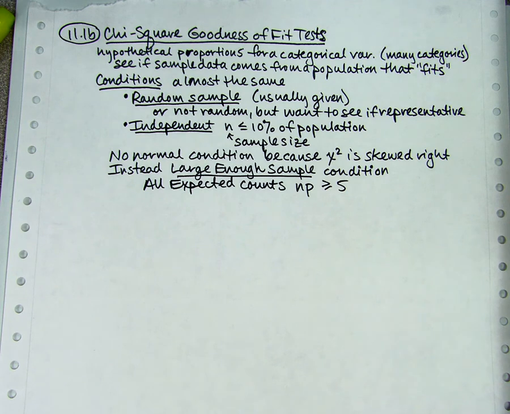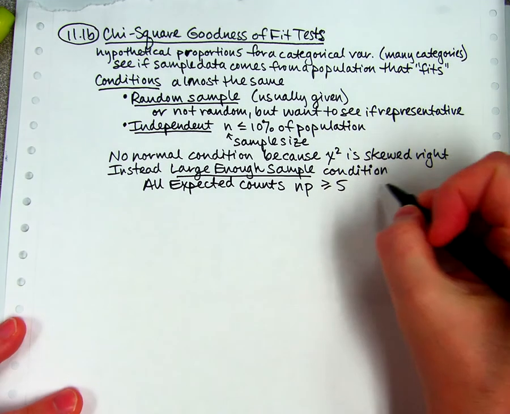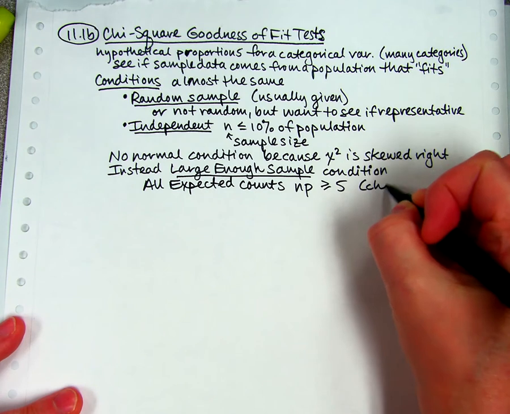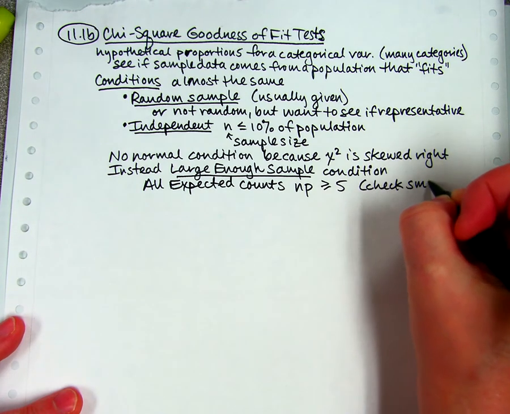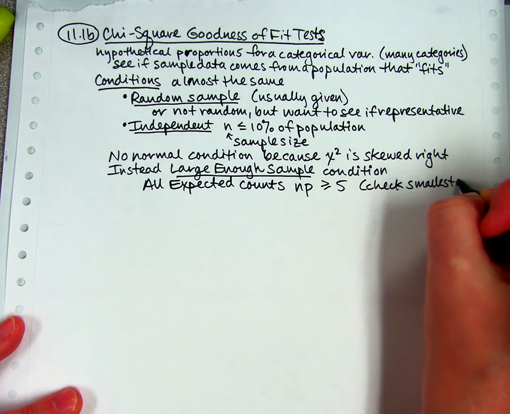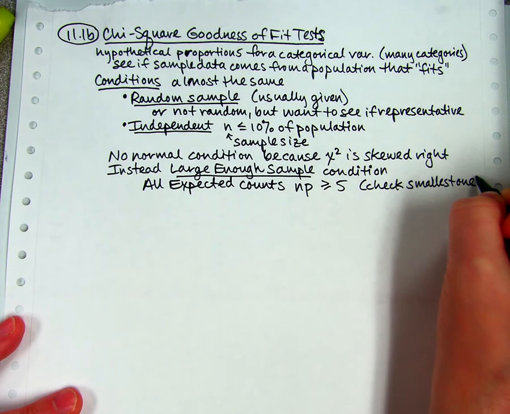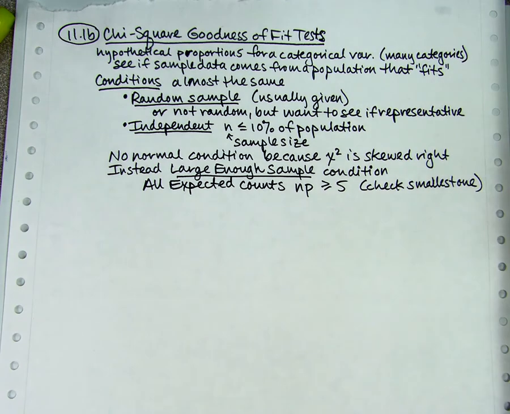And I've seen some books that say no more than 20% or less than 10. We're not doing that. We're just going to check, are they bigger than 5? In fact, technically, you only have to check the smallest one. And we'll talk about that when we do our example. Because if the smallest one is bigger than 5, then so are all the rest.